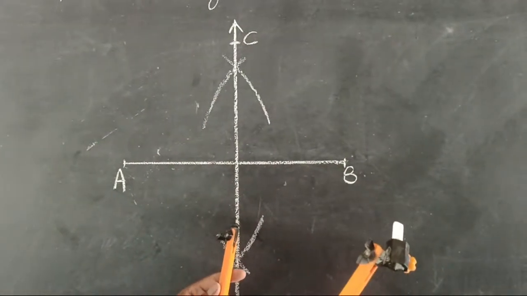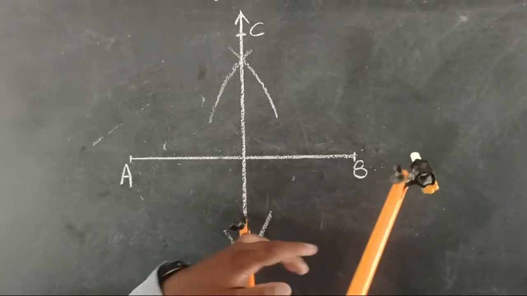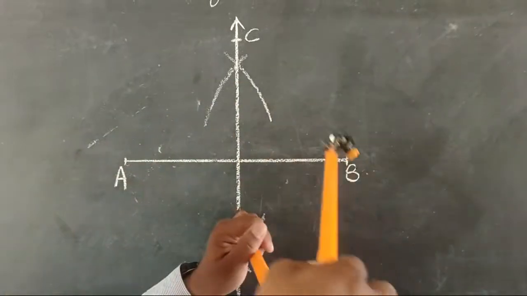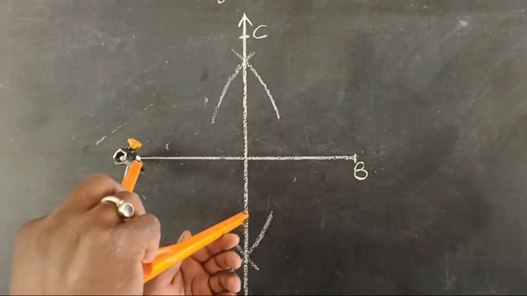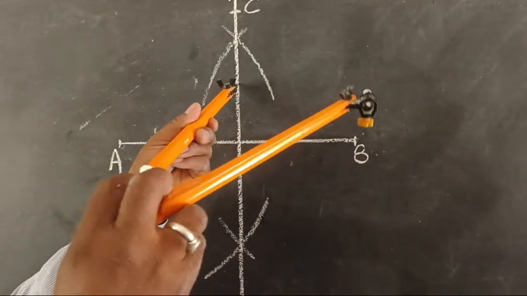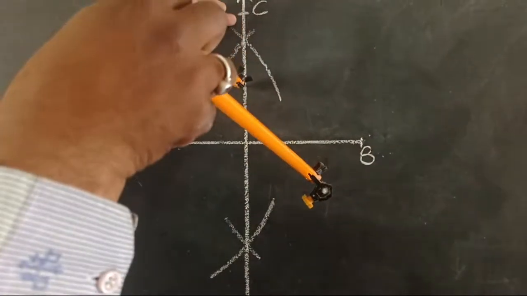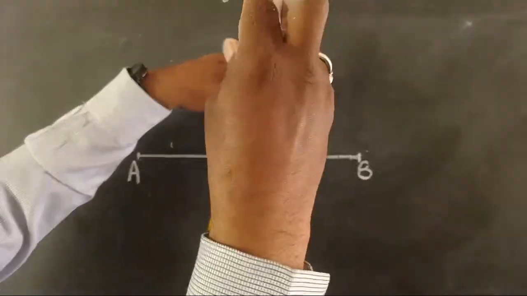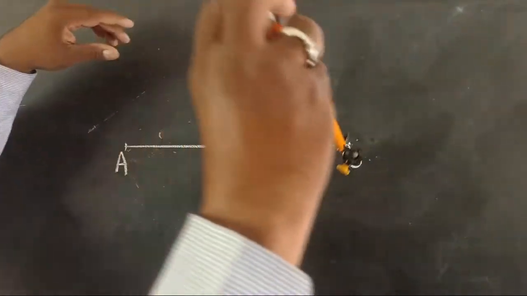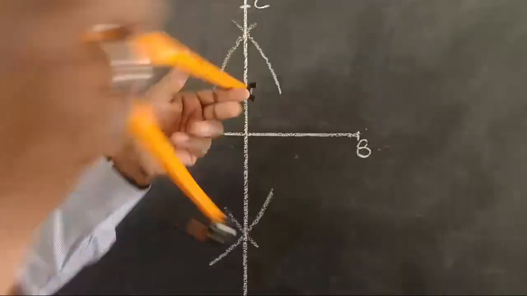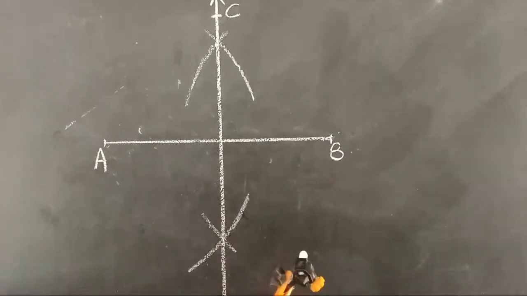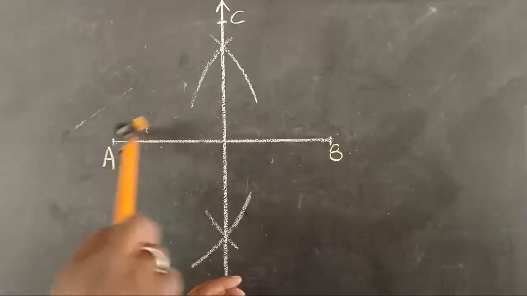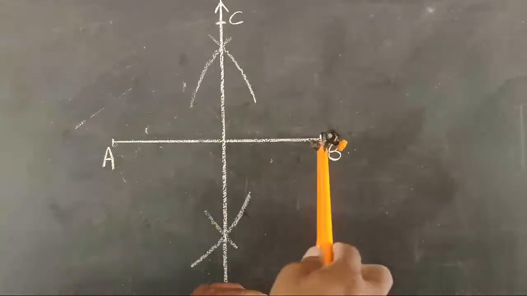Then take another point on the perpendicular bisector, again check the distance. The distance from B and the distance from A are again similar. Otherwise, take another point on the perpendicular bisector and take the distance of point B and point A. This distance is also similar.